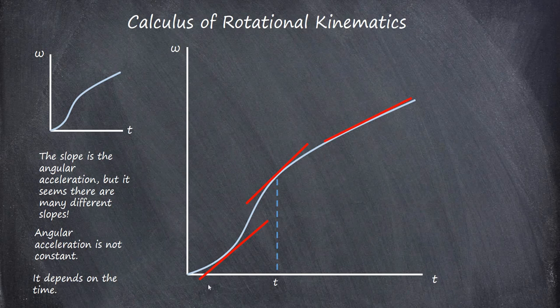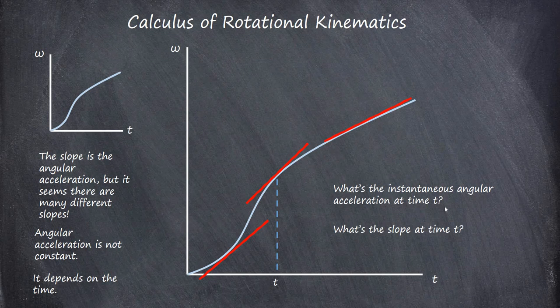It makes sense to ask that question since for each given time, your acceleration is different. So one good question to ask is exactly that. What is the angular acceleration for a specific time? So what's the instantaneous angular acceleration at time t? In other words, what's the slope at time t?